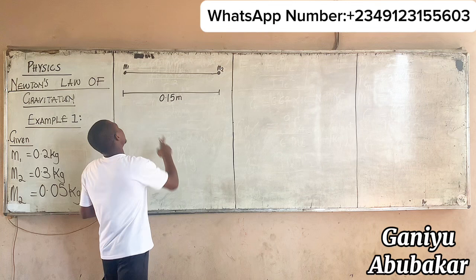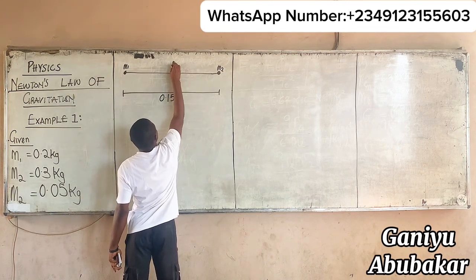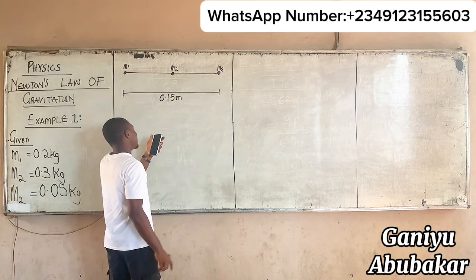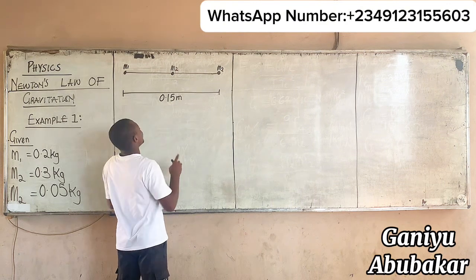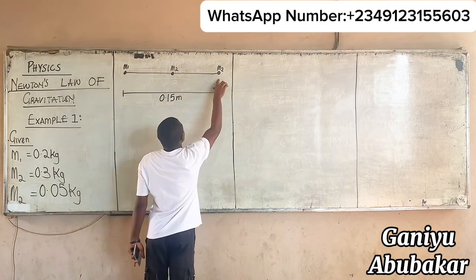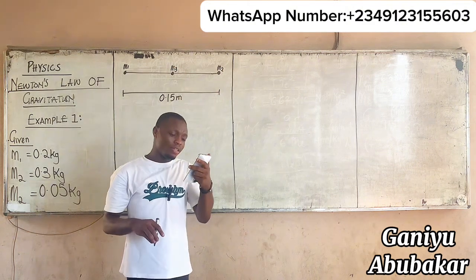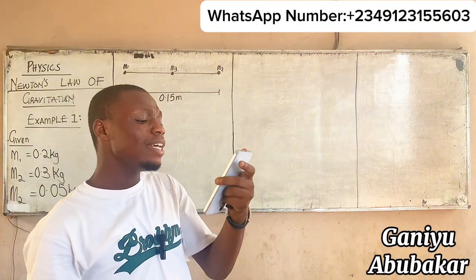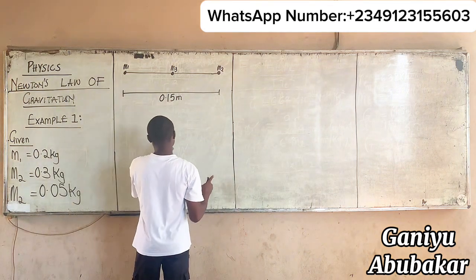Next up, they said that a third particle of mass M3 is placed in between M1 and M2. Let me put it here. So the mass M3 is placed in between M1 and M2 such that the distance from M2 to this M3 is, observe the word they use there, they said calculate the gravitational force on the third particle if it's placed 0.05 from the 0.30 kilogram.